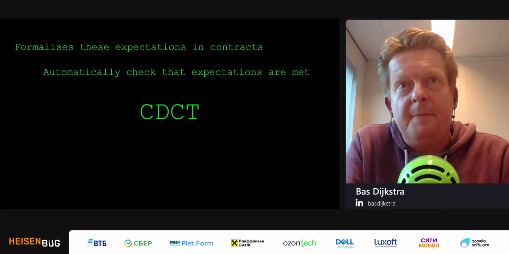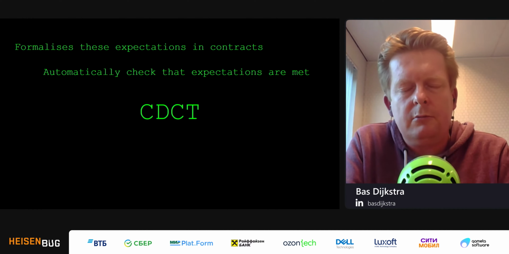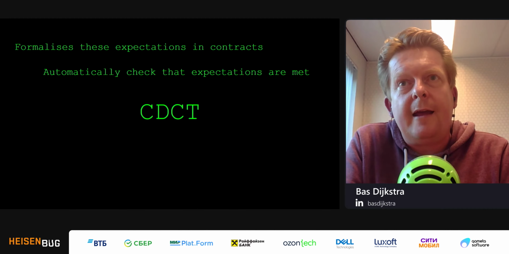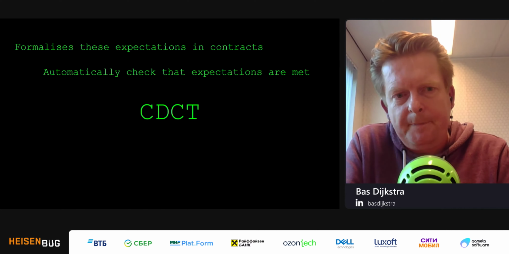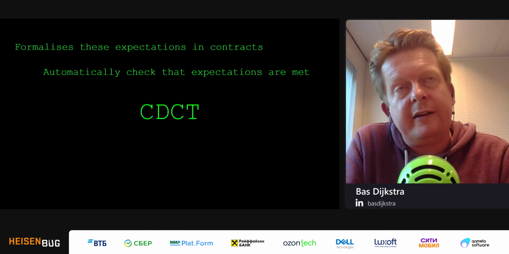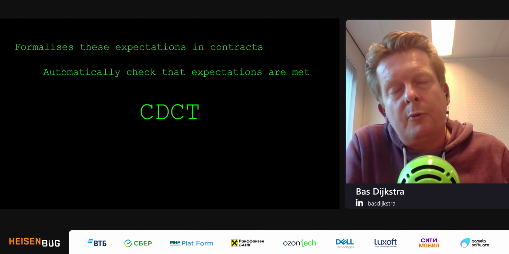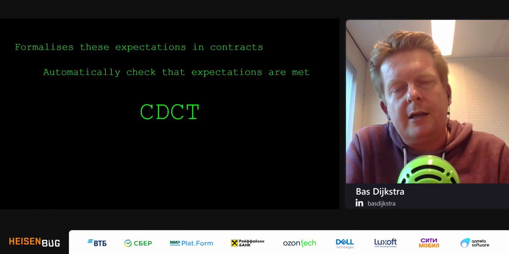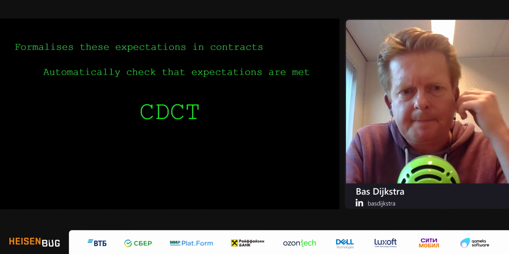So the tooling allows the consumer to automatically generate contracts based on the expectations that you define in code. That contract can then be distributed, given to a provider, and the provider can use that contract to verify that it can meet all of the expectations written down in that contract by an individual consumer.